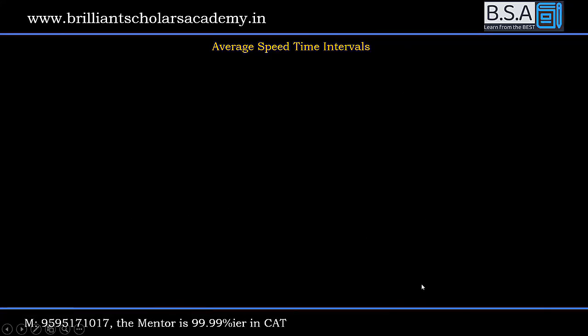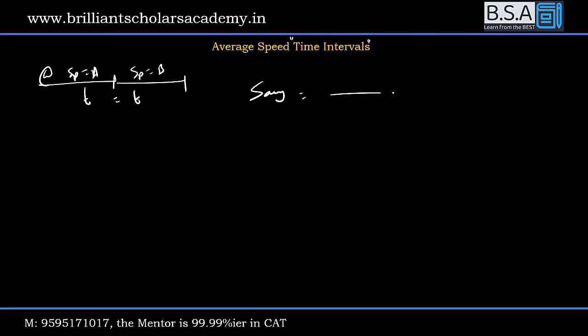Now, a customization of this, again, time intervals. But in this case, the time interval is equal. Time t is the same. I'm using speed as capital A and capital B. So speed average is equal to A into t plus B into t, divided by 2t.